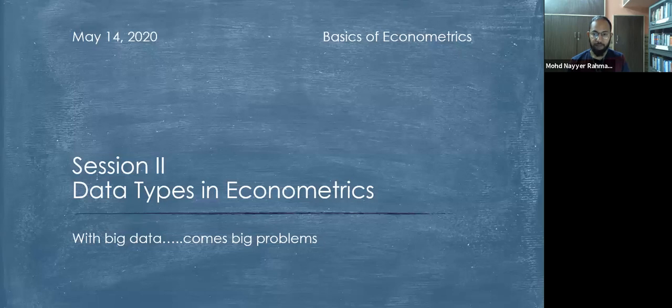This classification of nominal, ordinal, interval, and ratio is very important for all of us to understand. When we talk about data in econometrics, we consider these four parameters as well, but we talk about how the data is being presented and then how it will be analyzed.